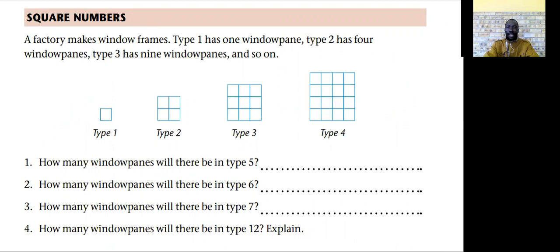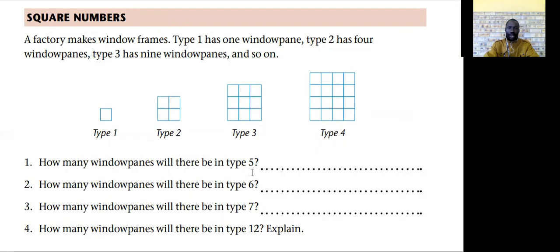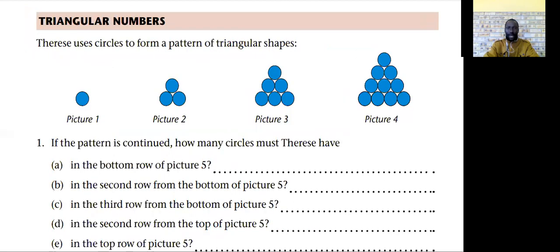Okay, then the second lesson, which is at 9:20, is it? Let me see, your second lesson starts at what time? The second lesson starts at 9:30. Not 9:20, it starts at 9:30. So at 9:30, we will then be moving on to the next investigative questions, which is triangular numbers.